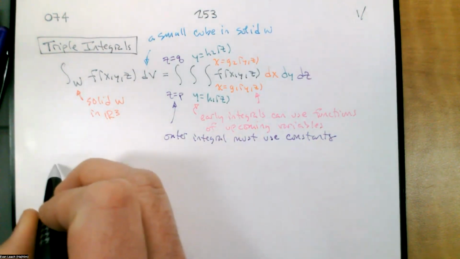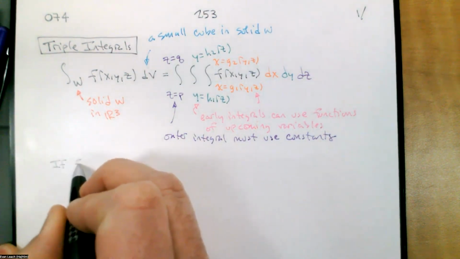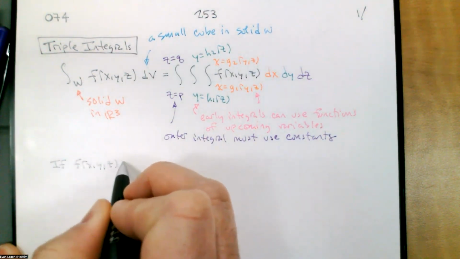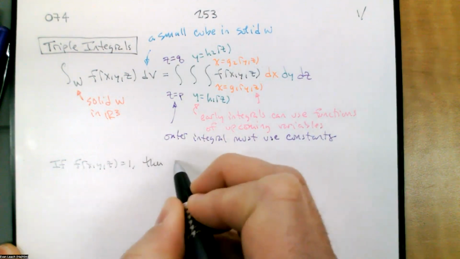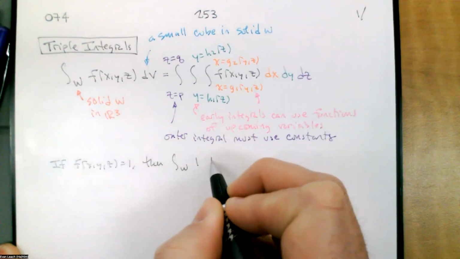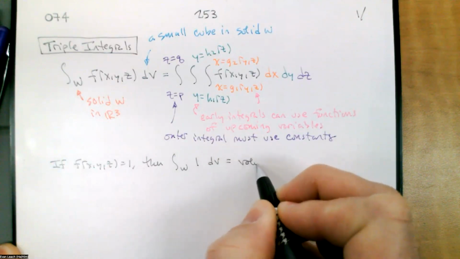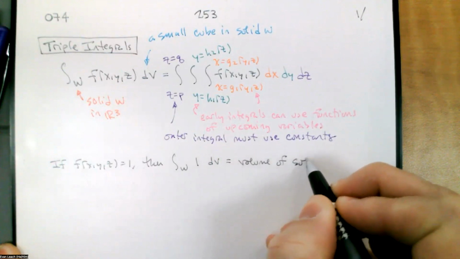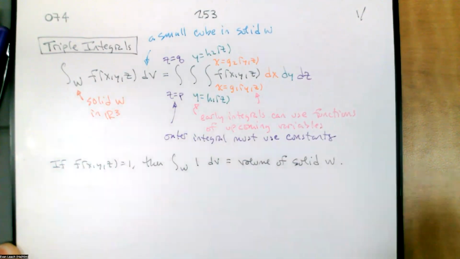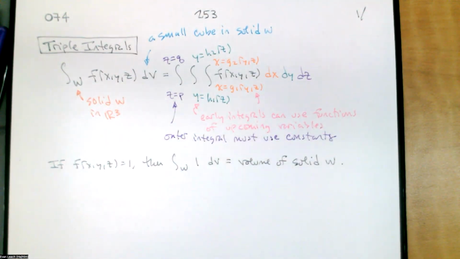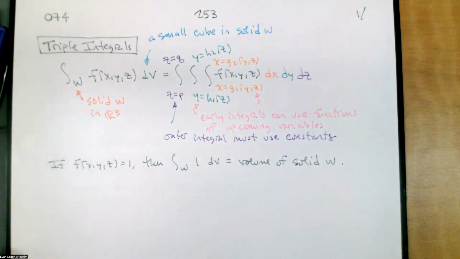If we integrate the function 1, it will just give us the volume of the solid W, because we're taking that little chunk dV, finding its volume, and multiplying it by 1. No units attached to it. Just like the integral over R of 1 dA will give us the area of region R.